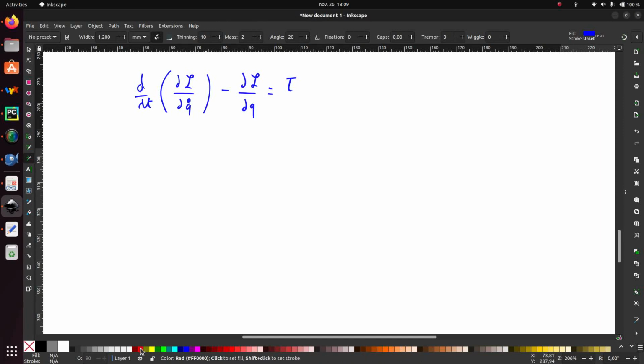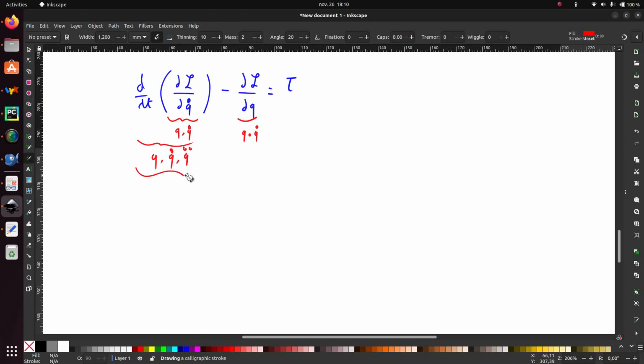We should understand that this is a function of q and q dot. This one also is a function of q and q dot, but since I compute the derivative, all this depends on q, q dot, and q dot dot.